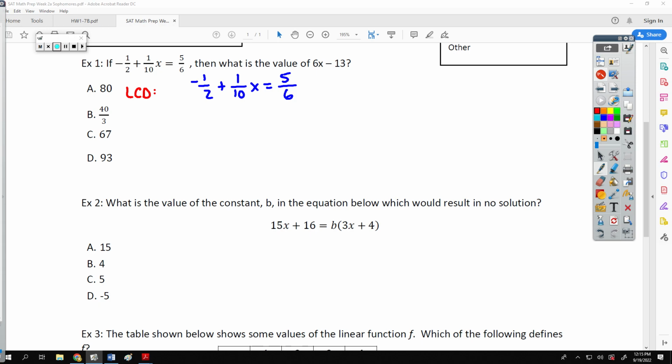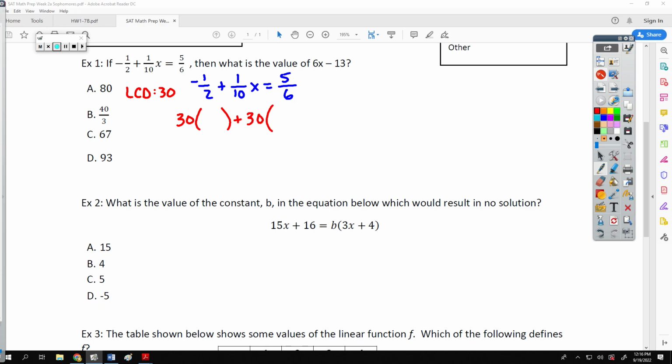Now, the common denominator can be any number that is divisible by 2, 6, and 10. So you could just multiply 2, 6, and 10 together to get 120. However, that is bigger than you really need to use. In fact, we'd like to use the least common denominator, which is 30, in order to keep the numbers as small as possible. So each of these terms is going to get multiplied by 30.